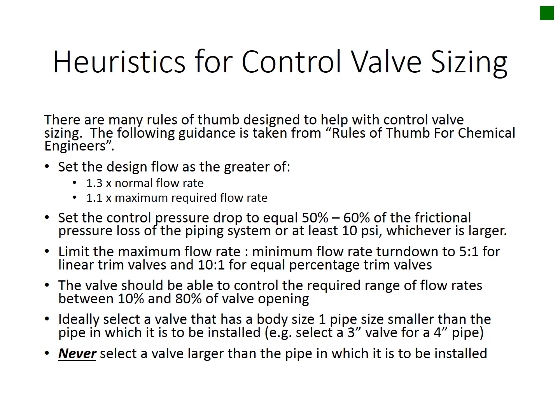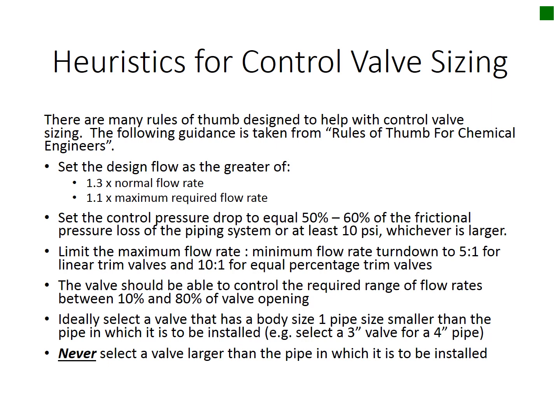When we look at pressure drop across the control valve, it's very important that we design it in such a way so that the valve pressure drop is equal to about 50 to 60% of the frictional losses through the piping system, or at least 10 pounds per square inch, whichever is larger.